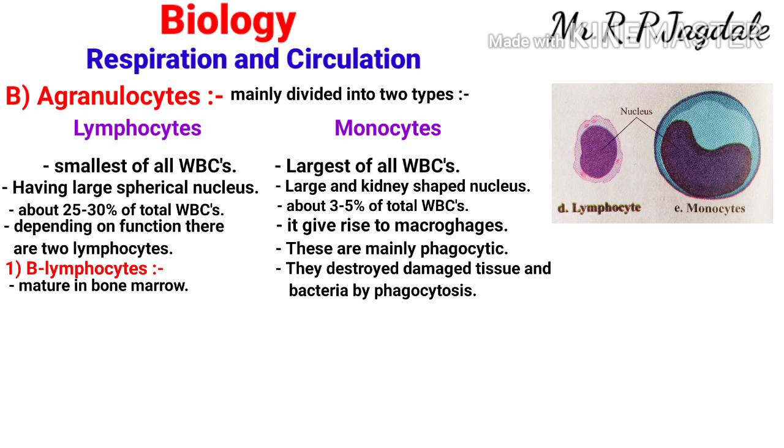The B lymphocytes are responsible for humoral immunity, or simply antibody production. That is a very important function in our body. In this COVID-19 pandemic situation, a person's antibodies become very poor, and that's why their immunity becomes poor.